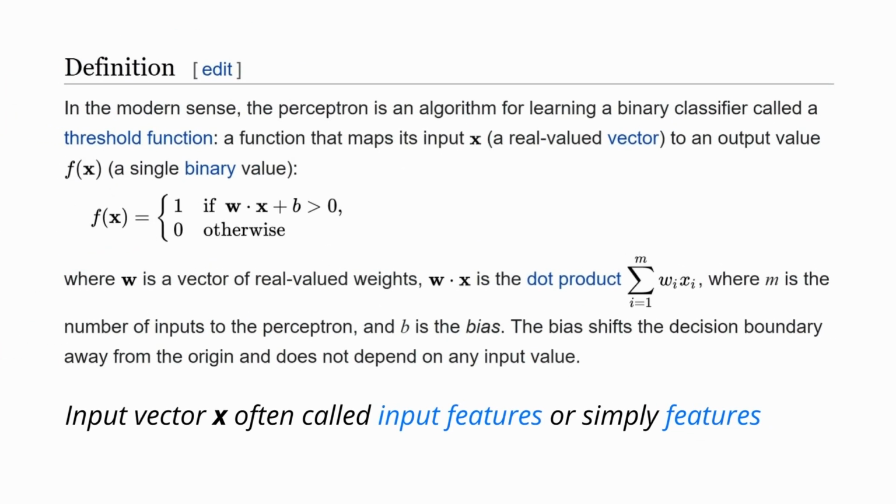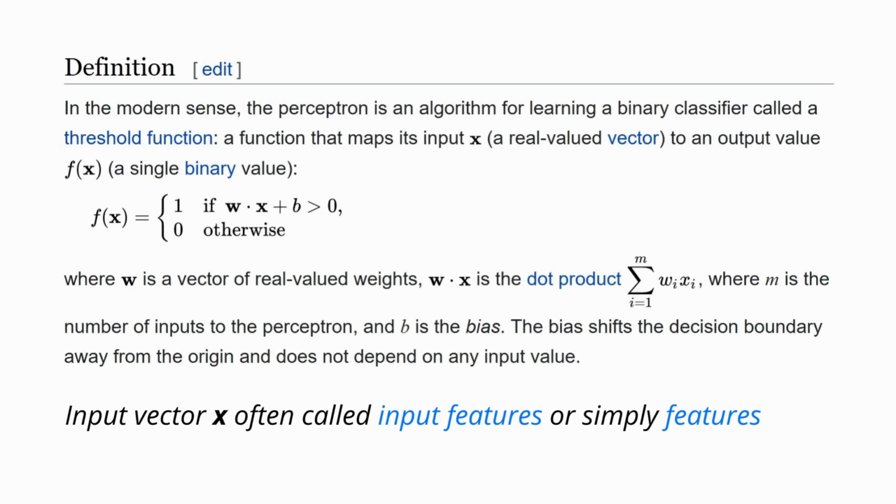Now, a perceptron is an algorithm for learning a binary classifier called a threshold function. If it's above a certain threshold, as I told you, I go to the party, so we say yes or 1. And otherwise, it is a 0 and I do not go to the party. This is your function f of x. And now, to decide if I'm above the threshold, I do exactly the same as I told you.